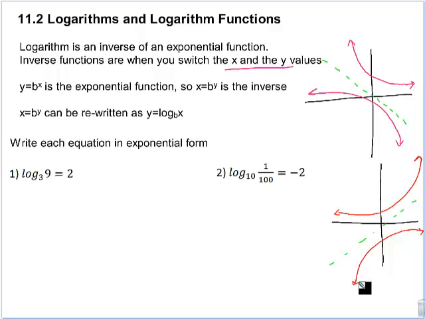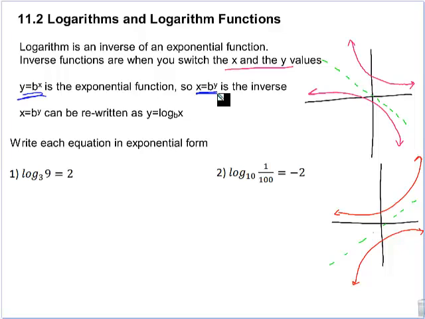So mathematically or algebraically, if this is our exponential function, y equals b to the x, to get the inverse algebraically, you flip around the x and the y. So x equals b to the y would be the inverse of y equals b to the x. And now typically we write equations as y equals, instead of x equals.